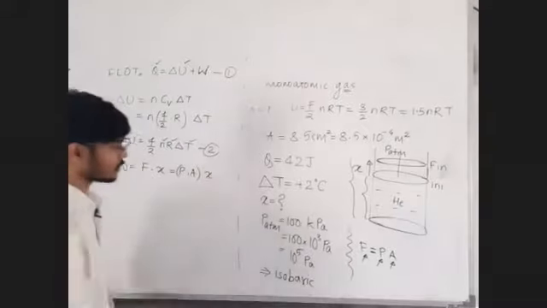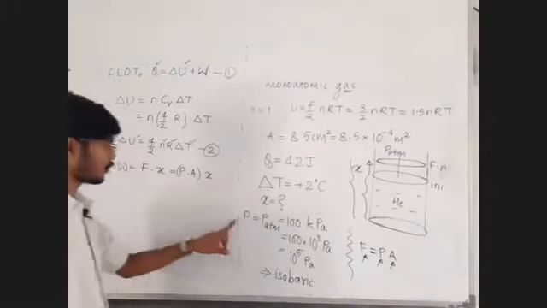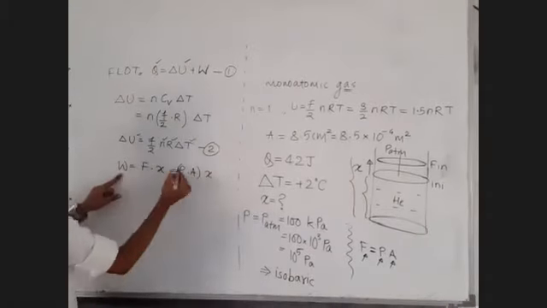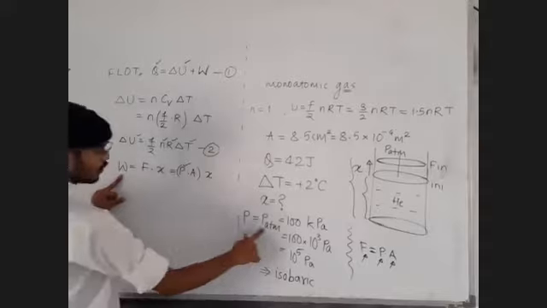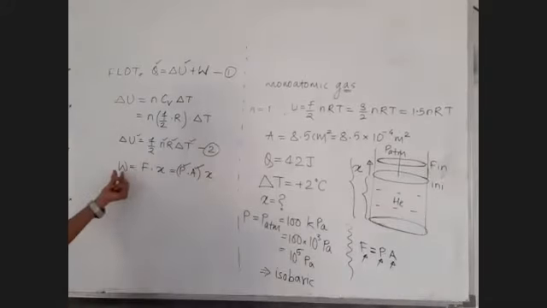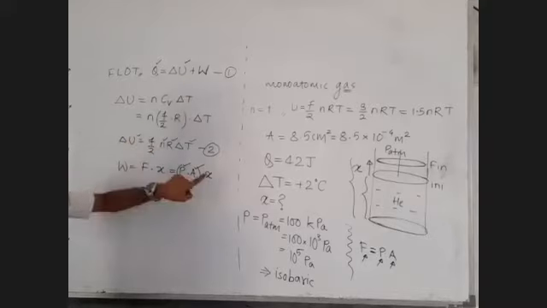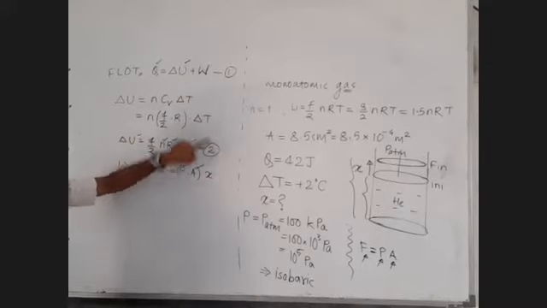Now the pressure of the gas is nothing but P atm. So here I will write equal to P atm. This P we already know, the area of the piston we already know, and if we replace the value of W as PAx in this equation, only one unknown x will be there.